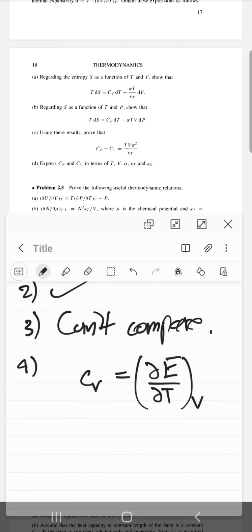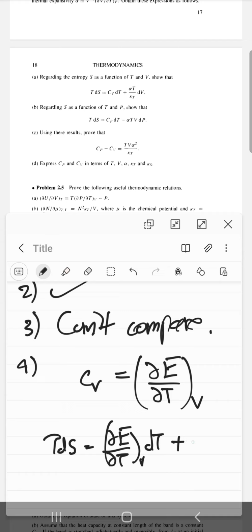Okay, so what are we saying right now? We are saying that TdS is just Cv, which is this quantity, partial E by partial T at constant volume, times dT, plus, wow, this is sort of weird, isn't it? dS is equal to this quantity.